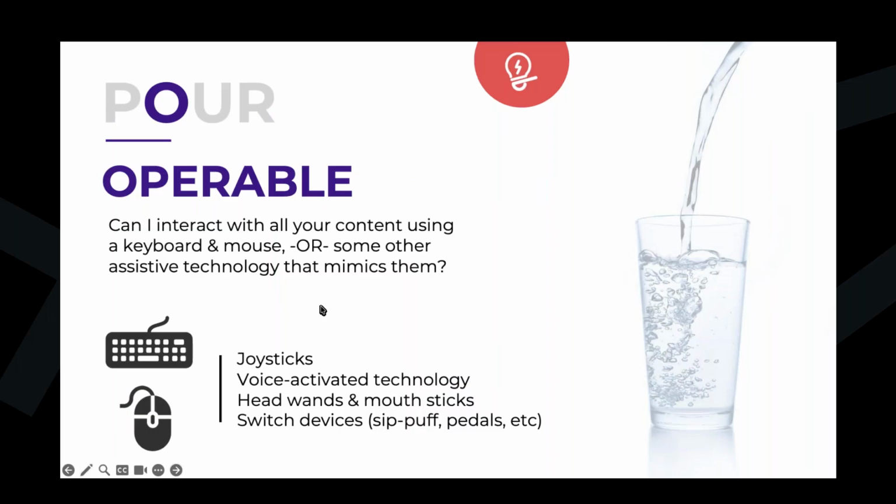We can have pedals, like if you're an amputee, you've lost your arm, but you have full use of your legs, we can have a pedal with a left and right click. Sip and puff devices, so if you puff, it's a right click. If you sip, it's a left click. There's all kinds of really cool and creative devices out there. I challenge everyone to go to YouTube and type in common switch devices for accessibility and prepare to be wowed by that. But this is what we're talking about with the operable principle.